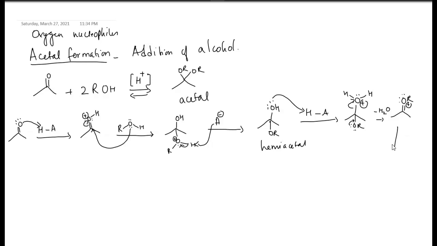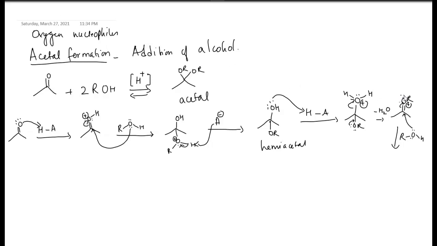Now the next step is where another molecule of alcohol comes in. Remember, we have 2 molecules of alcohol, right? So the next molecule of alcohol is going to attack at this carbon atom, puts these electrons back over here. Okay, so I think I should make it a little more clear. There is only 1 pair of electrons here, right?